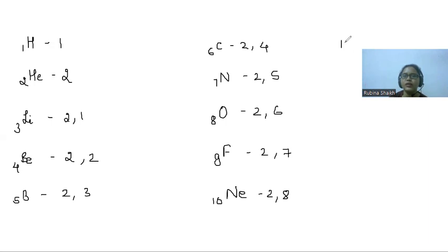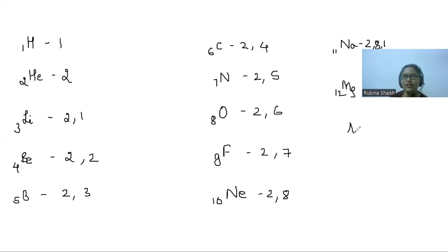Then we have sodium 11. In the first shell, we'll put 2, in the second shell, we'll put 8. Now that is a total of 10 and the electrons are 11, so 1 we will put in the next shell, because the next shell can hold 18 electrons. So magnesium 12, 2, 8, 2.